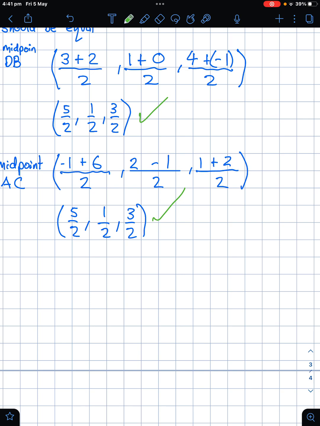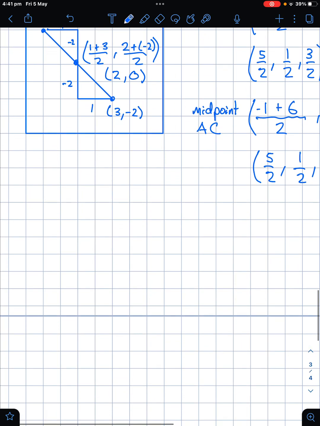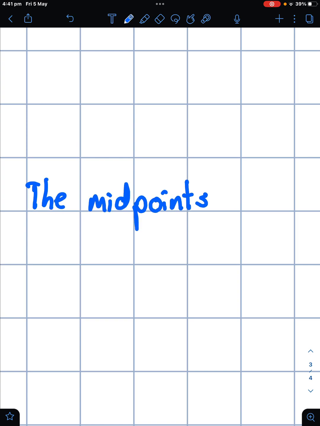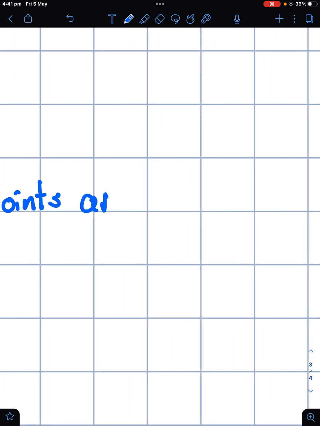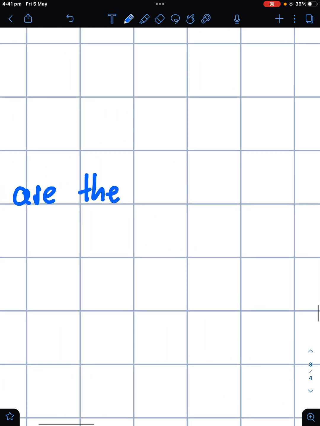So midpoints are the same, which is a property of a parallelogram, but let's write it out properly because that's what we've got. The midpoints are the same.